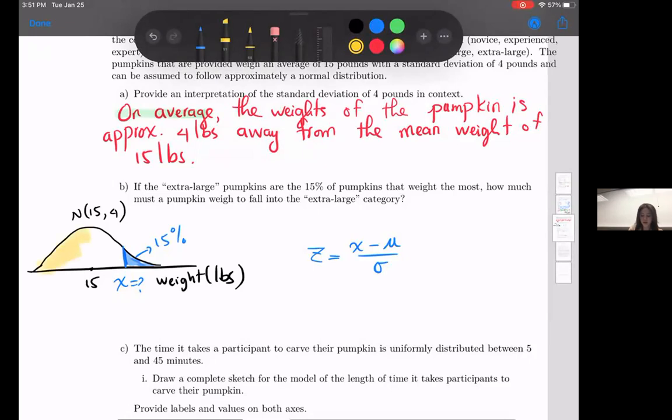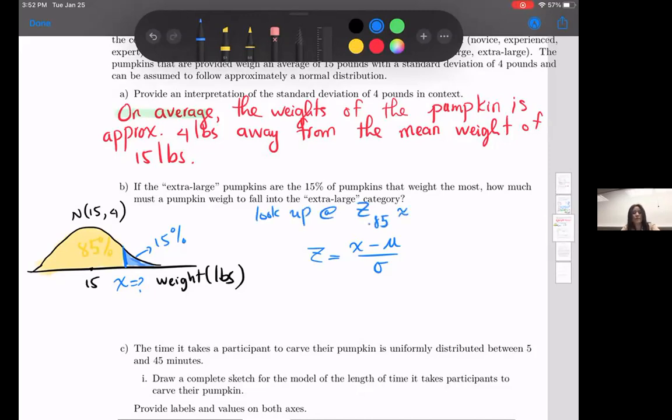Because of the nature of the Z score, it's cumulative, right? From the left. Your Z table always gives you the percentage from the left, up to that point. So you have to look at the Z as 85%. So you want to look up Z of 0.85.